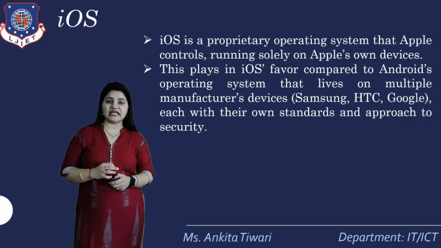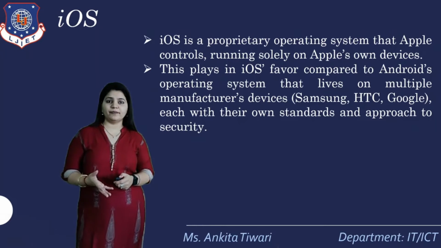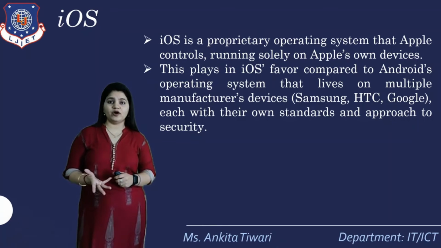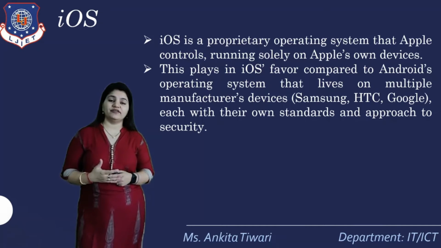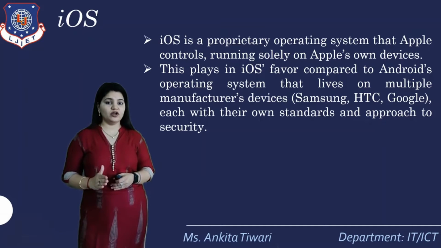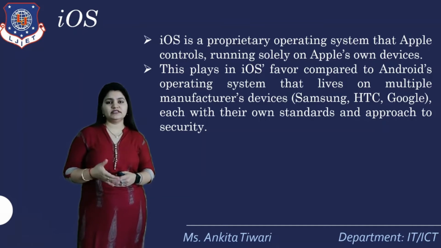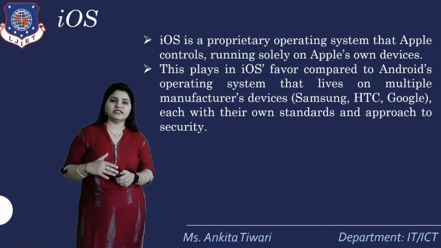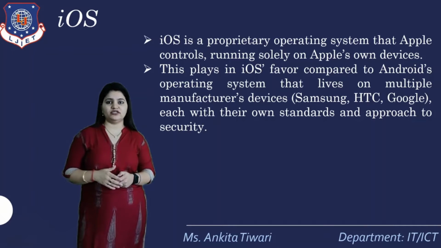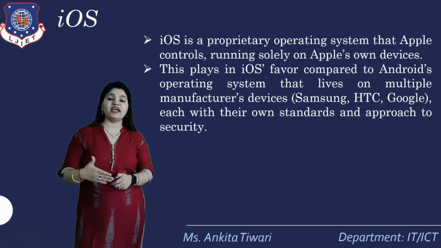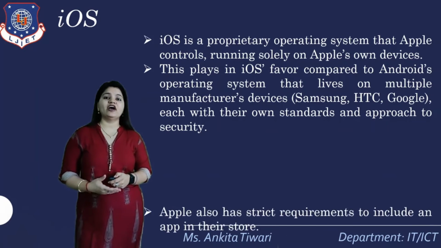This plays in iOS's favor compared to Android's operating system, which we are using in our phones, which lives on multiple manufacturers' devices. Android is in Samsung, in HTC, in Google, in Redmi, in any of the devices. It has many types of manufacturers, each having their own standards and approach to security.